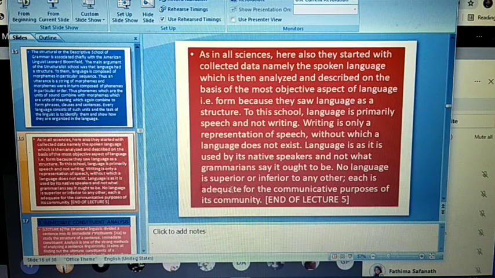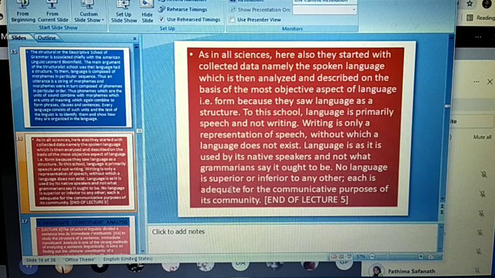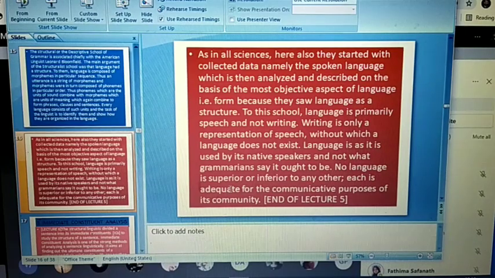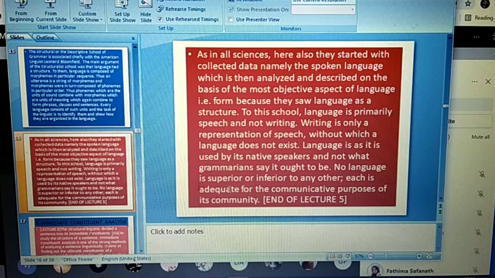As per the latest edition of Ethnologue, you have 7,111 languages. Some are dying, some are dead, some are living. But linguists say every language is of equal status. These are some of the notions we have to keep in mind about structural or descriptive grammar.